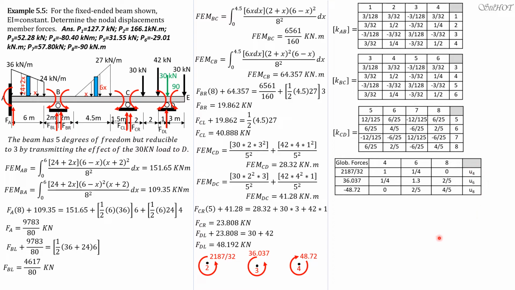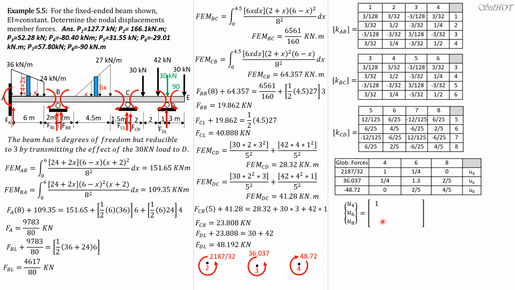So U4, U6, U8 can now be solved, which is the inverse of this 3 by 3 matrix times this global force matrix. The global forces, 2187 over 32 counterclockwise, so it's positive there. Then counterclockwise, 36.037 positive there. Then clockwise, negative 48.72.